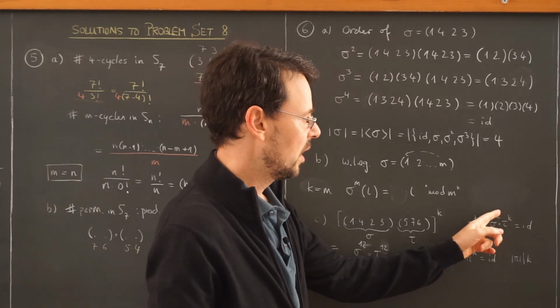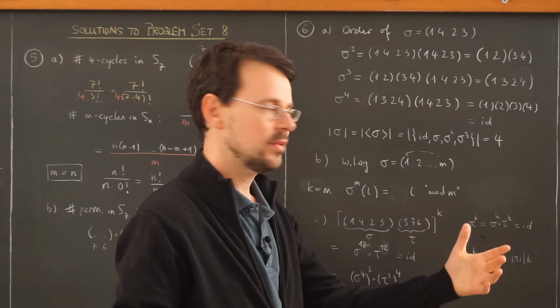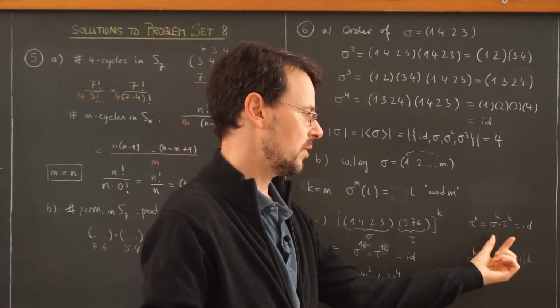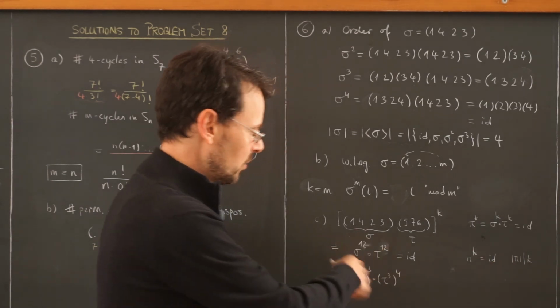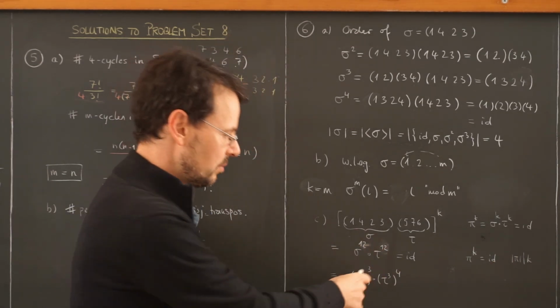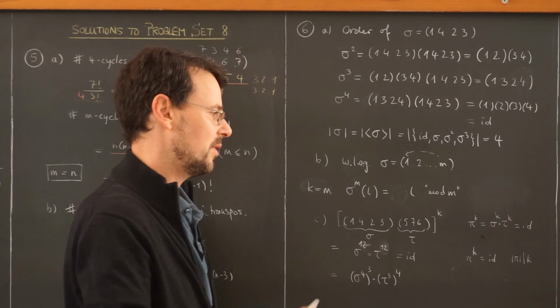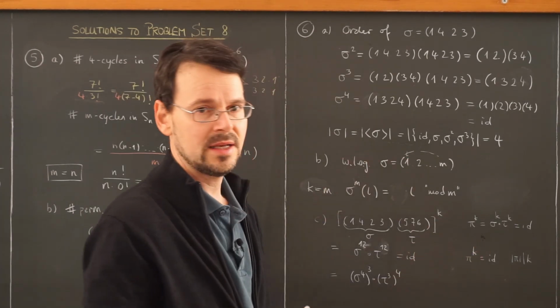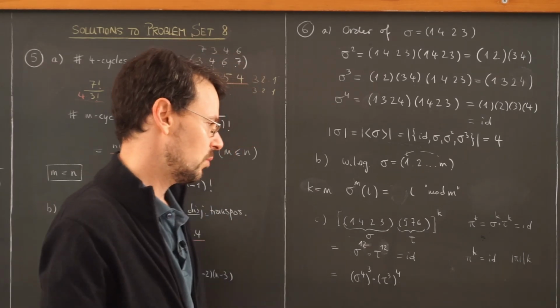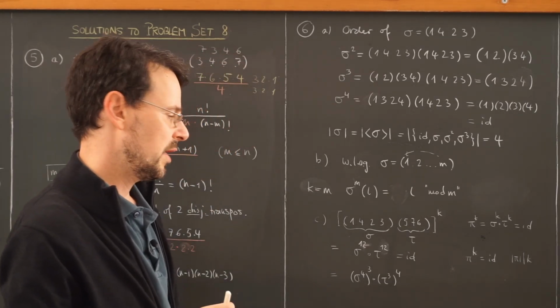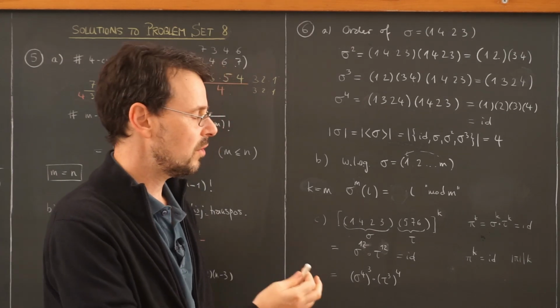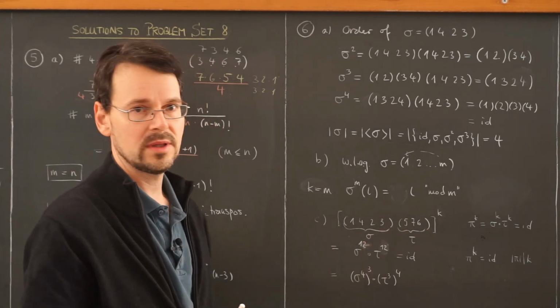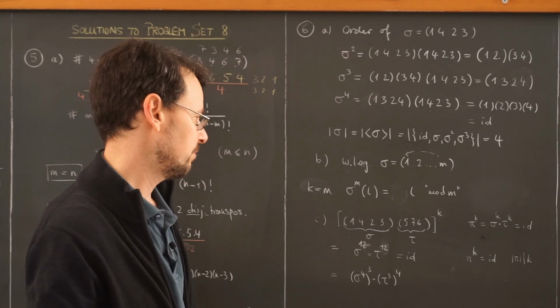Well, that means k is a common multiple of those orders. But now 12 is the least common multiple of the orders 3 and 4. Therefore, pi to the 12th power is the identity actually for the first time, so 12 is the order. And now all we have to do is to formalize this to 2 general disjoint cycles.